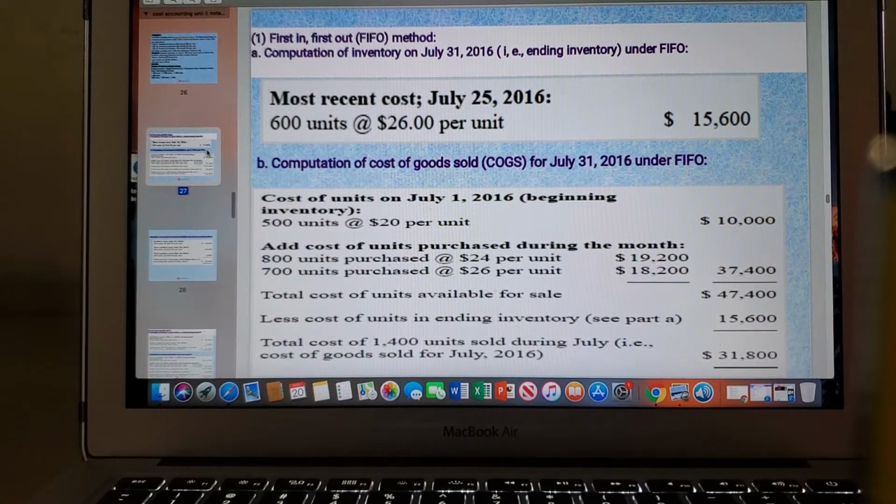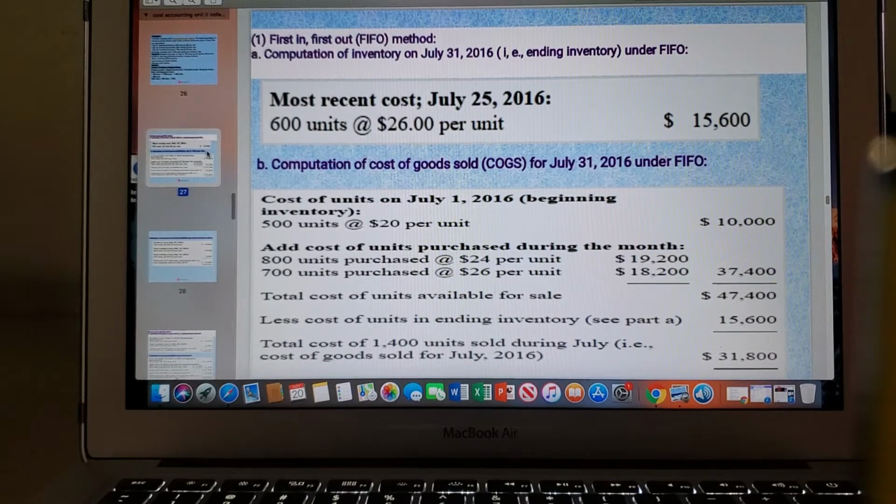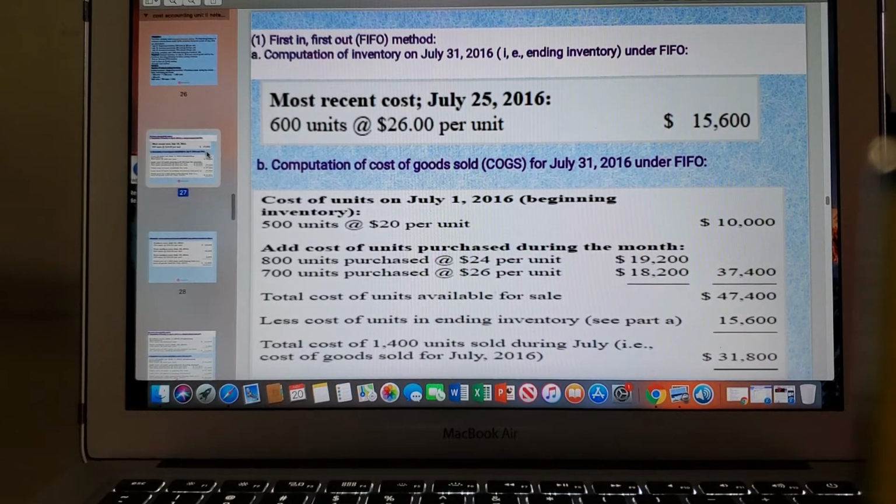So the total cost of units available for sale would be $47,400. So you have added the beginning inventory of $10,000 to the $37,400 and it comes to $47,400.